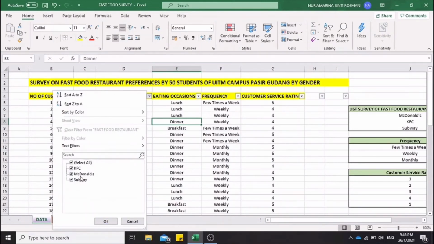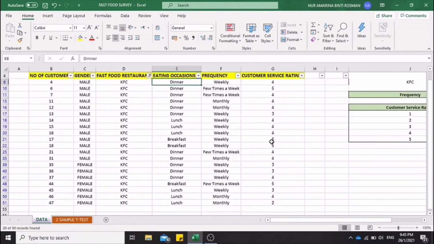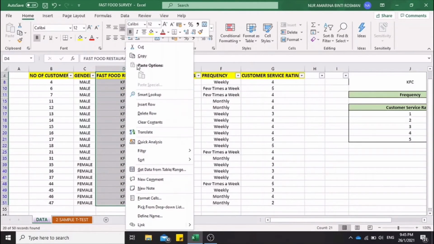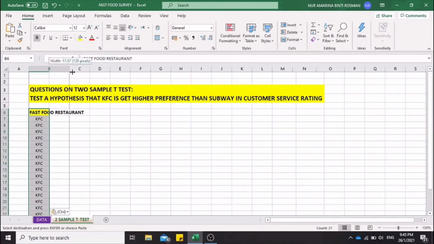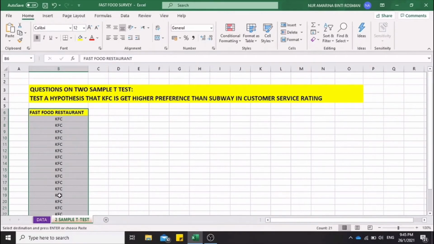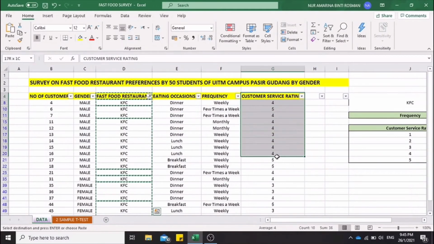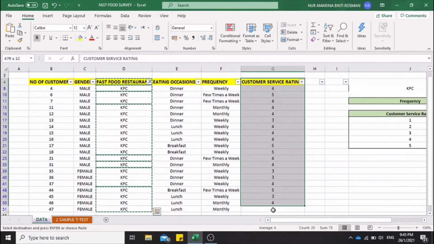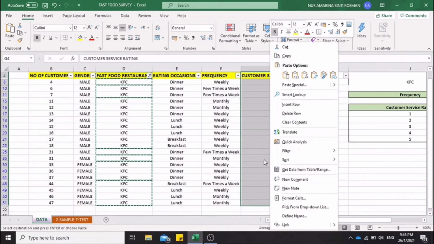So you have to click KFC to get the KFC data like this, and you just copy and paste right here. And you have to copy the customer service rating because we want to calculate this. Is it true or false?